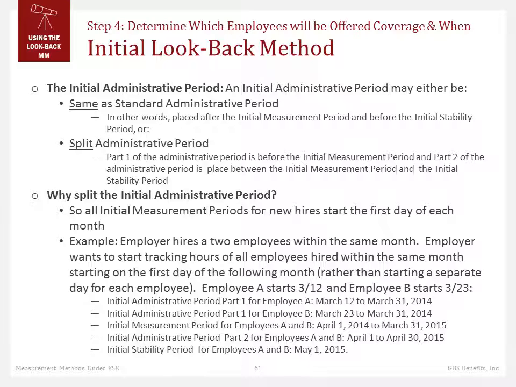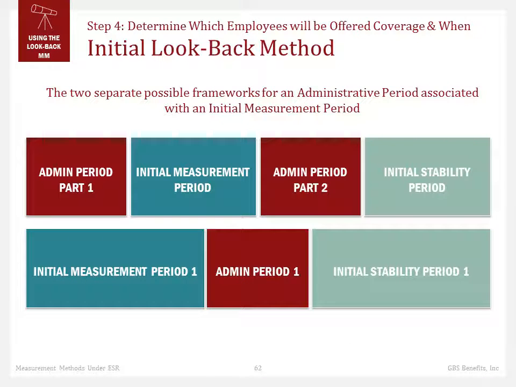In the standard, you can have a 2-month administrative period sandwiched in between the measurement period and the stability period, but for this you can only have 1 month, and that's because of a special set of rules we'll have on the next slide. But here is a graphic of how this works.